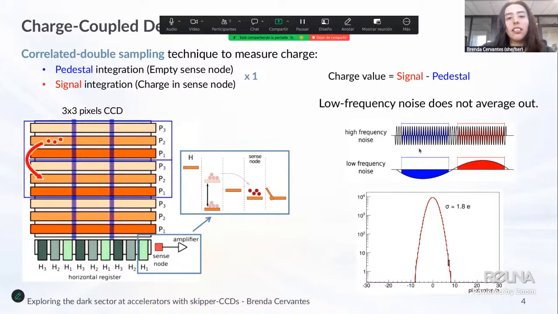But CCDs have a limit in the noise that they can achieve because they are very sensitive to low frequency noise. Usually the noise values for standard CCDs reach around 2 electrons RMS, and this low frequency noise cannot be beaten with these devices.